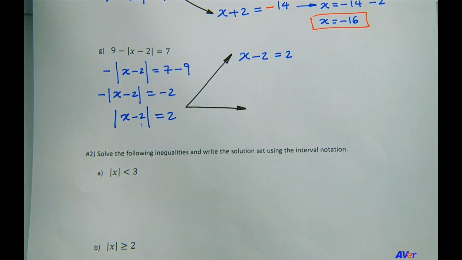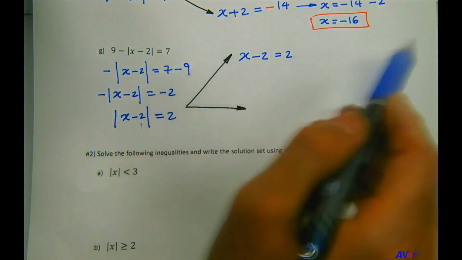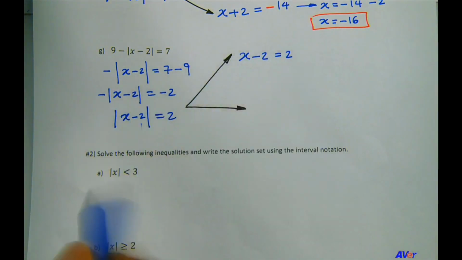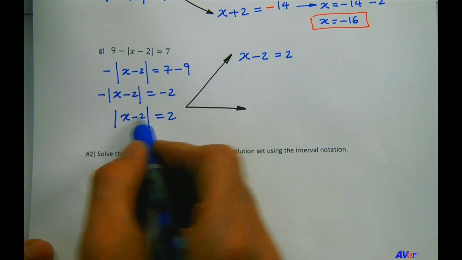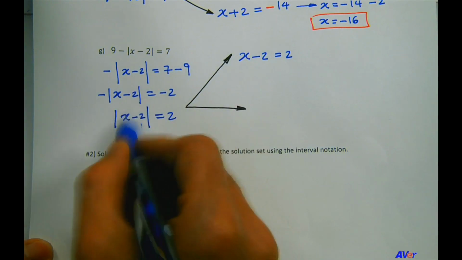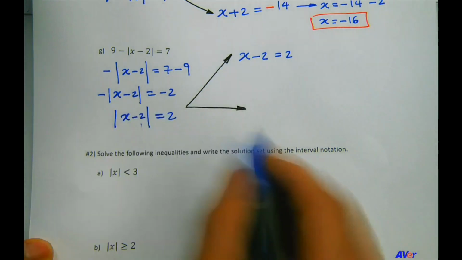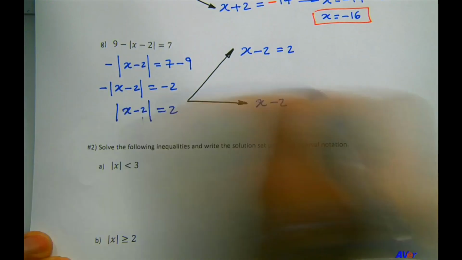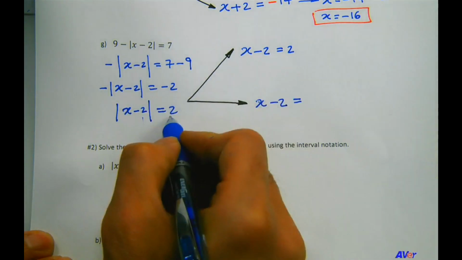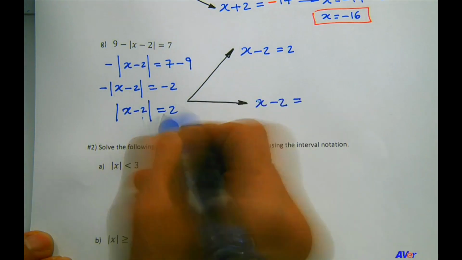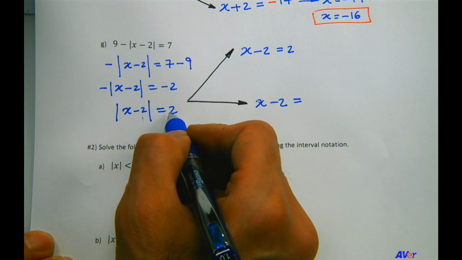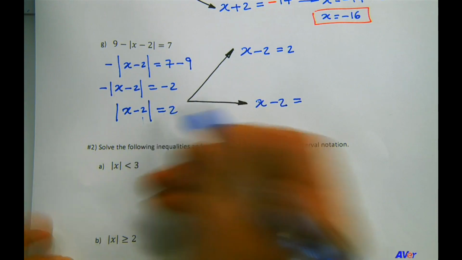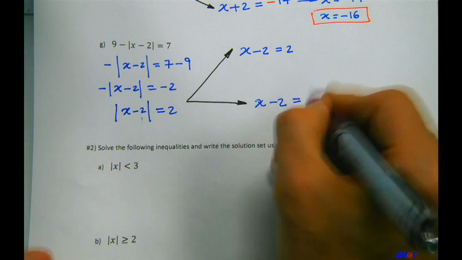So one solution comes from that path. The second solution comes from this equation. Let's rewrite everything that is on the inside of the absolute value as it is. So x minus 2, then equality, then multiply the other side by minus 1. So minus 2.